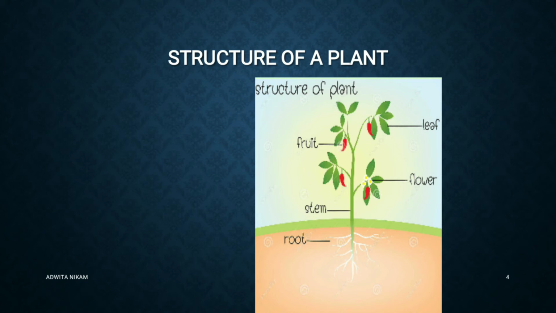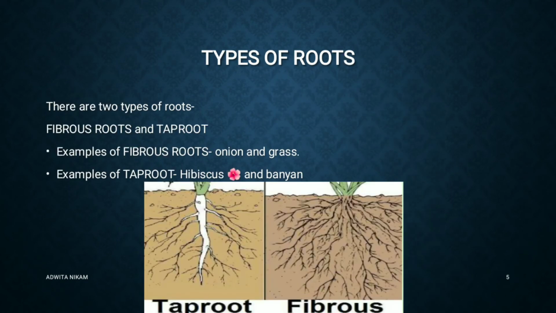Okay, so now we come to the root. The root holds the soil firmly and anchors the plant. The main functions of the root are to absorb and transport water and nutrients from the soil. The roots of carrot and radish also store food. There are two types of roots: fibrous roots and tap roots.